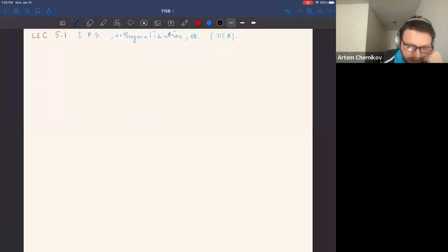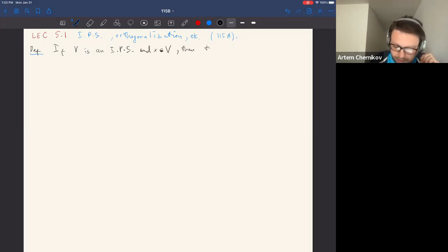Recall the definition: if V is an inner product space and X is a vector in V, then the norm of the vector X is simply the square root of the inner product of X with itself. That's the definition of the norm associated to a given inner product space.